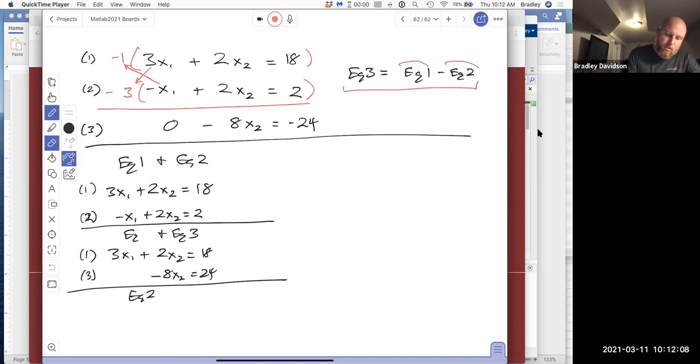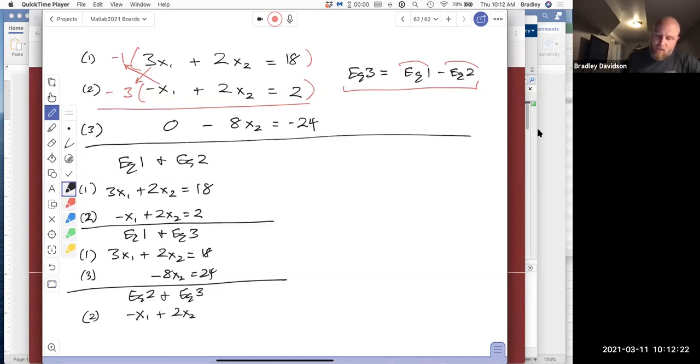This is equation 1 and 3. Let me make sure I'm doing this right. And then I can combine equation 2 and equation 3. If I do that, this is negative x1 plus 2x2 is equal to 2, and then equation 3 is negative 8x2 is equal to 24.